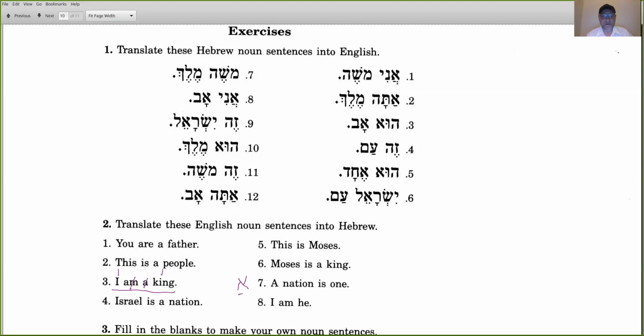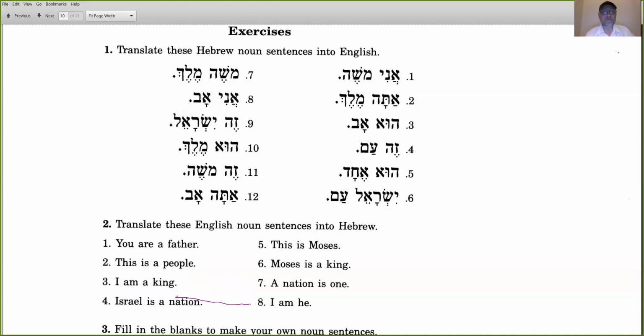And we have a reduced patach, nun, hirik, yod, ani, and then the word melech. Mem, segol, lamed, segol, chaf sofit. Ani, melech. Okay? I am a king.